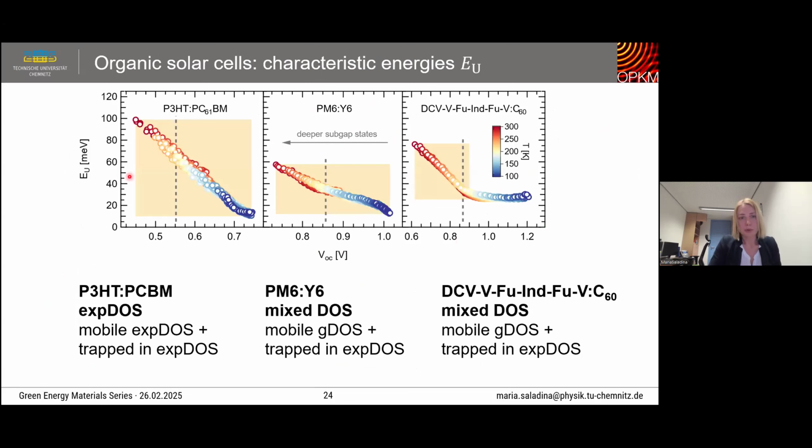And when we plot it versus open circuit voltage, where lower open circuit voltage means that we are deeper in the band gap, we see that the Urbach energy for all the systems in these highlighted areas is increasing linearly towards the center of the band gap. And what we also saw, and was really exciting for us, is that all the data actually converges for all the temperatures from 100 to 300 Kelvin.